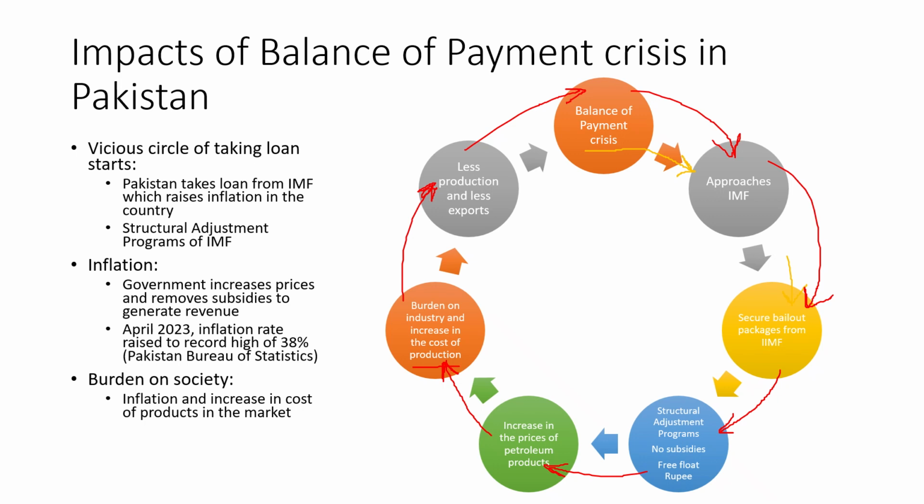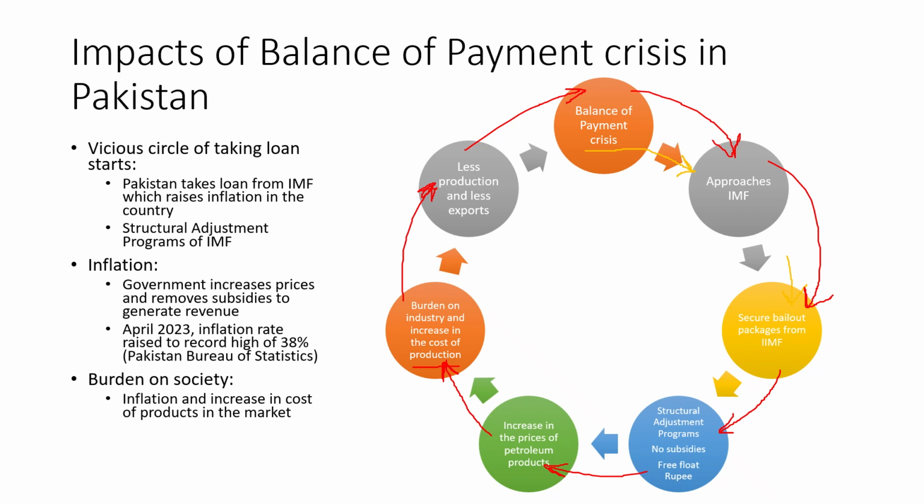And it all starts when the country faces a balance of payment crisis. And it leads to inflation also, obviously. The government increases prices and removes subsidies to generate revenue. And all this leads to inflation. The cost of products increases and the society feels the burden on itself.